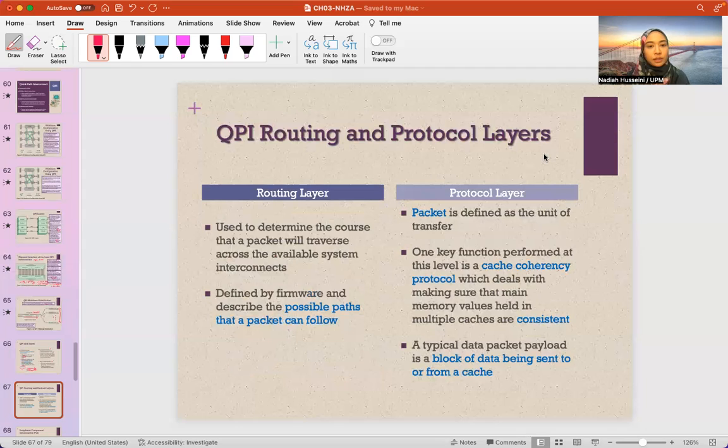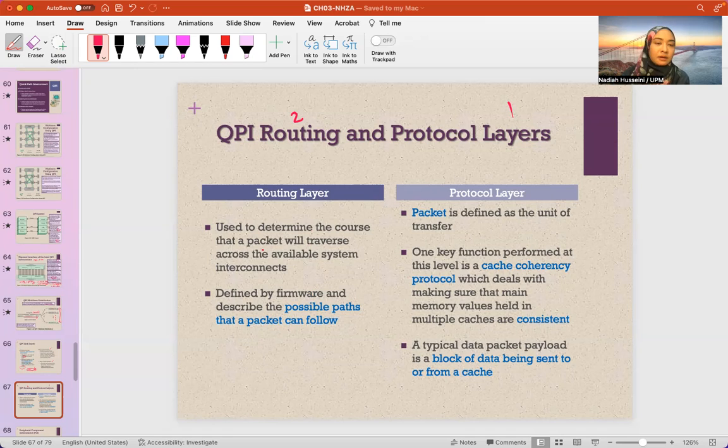And then we have the QPI routing and protocol, the upper two layers. This is our second, and this is our first layer, the topmost layer, the protocol. The routing layer is used to determine the course that a packet will traverse. Basically, it determines how many paths the data can go through.